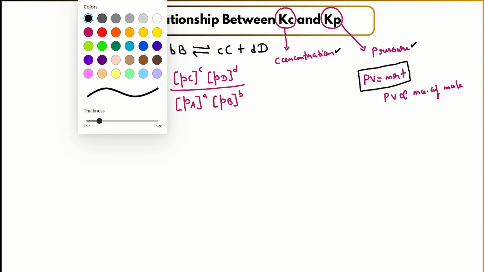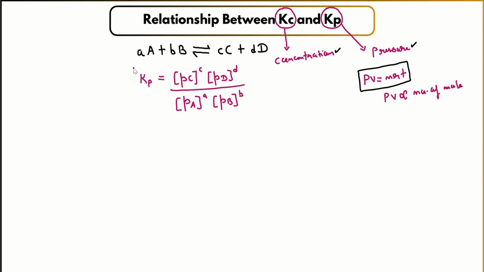This is how you can write the expression for Kp, equilibrium constant in the form of pressure. Pc raised to the power c, Pd raised to the power d, Pa raised to the power a, and Pb raised to the power b.